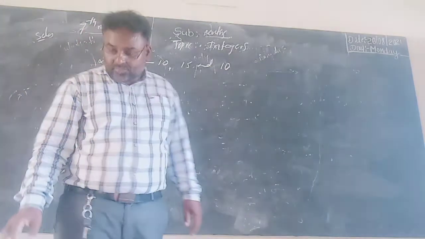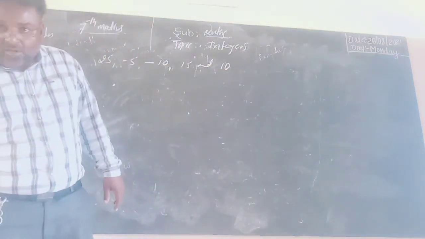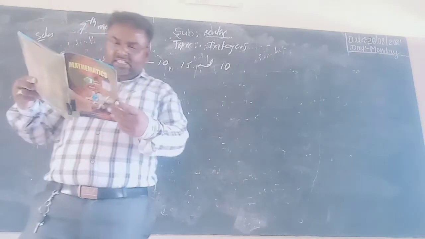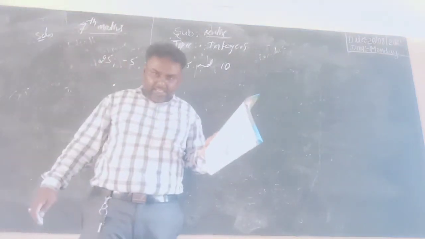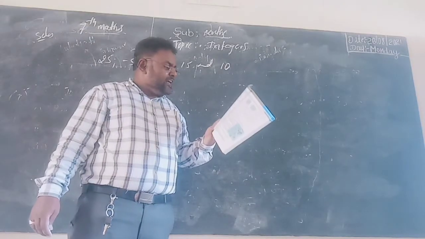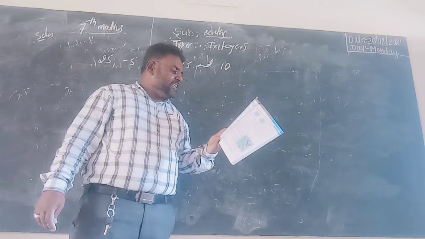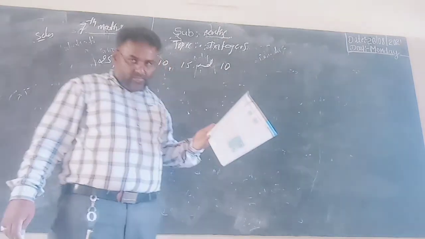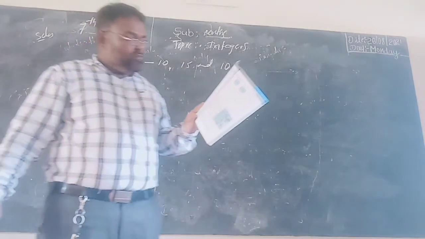Next question, that is the third one. Third question. What is that? At Srinagar the temperature was minus 5 degrees centigrade on Monday, and then it dropped by 2 degrees centigrade on Tuesday.